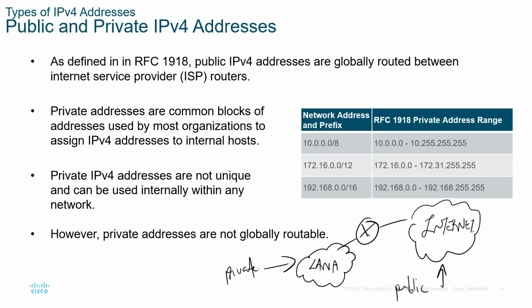There are organizations which sat down and said there are addresses which should be private and there are addresses which should be public. And this set of addresses were said to be private. So this set of addresses are the addresses that you will see when you do our examples, when you do our configurations.